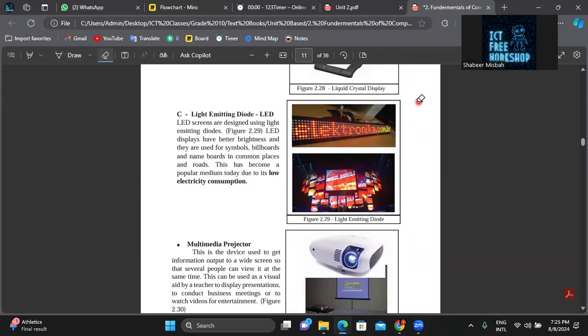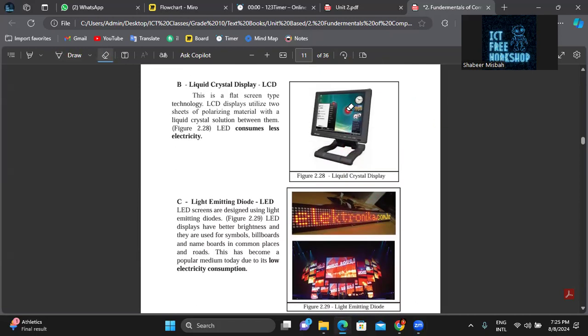LED TV comparatively has a lower image quality than liquid crystal display TV. Not lower means not 100% lower. Comparatively, liquid crystal display is very clear. But the LED TV is a bit lower in quality, but consumes much less electricity than liquid crystal display TV.